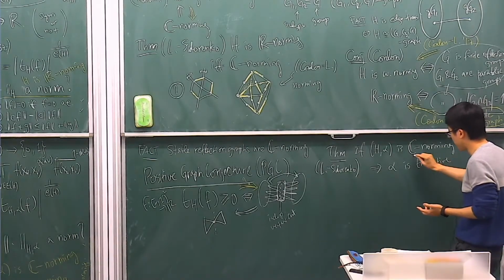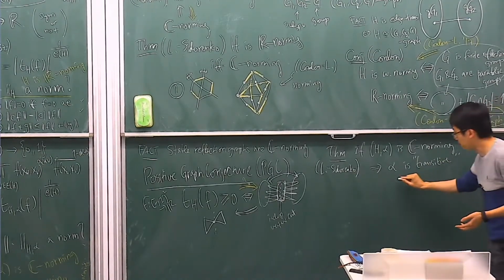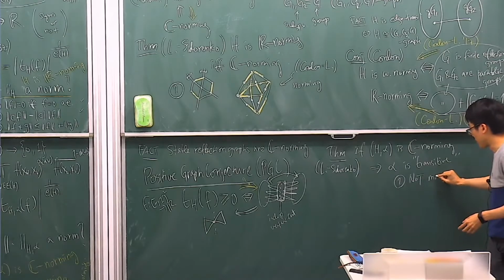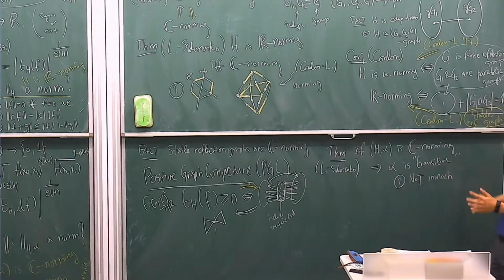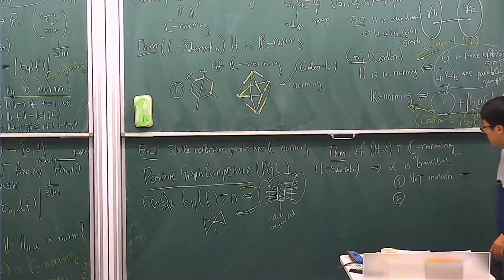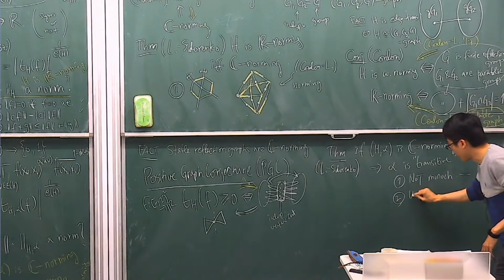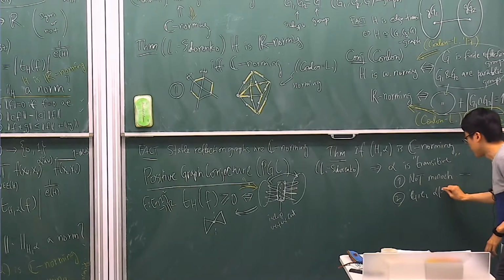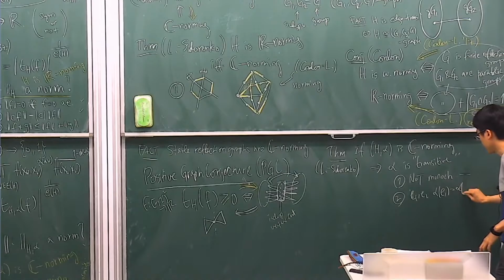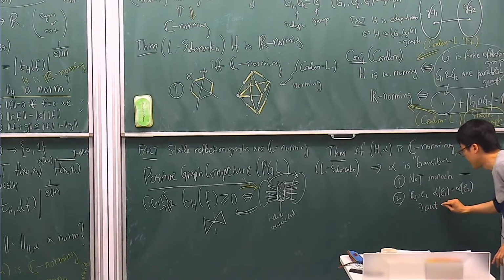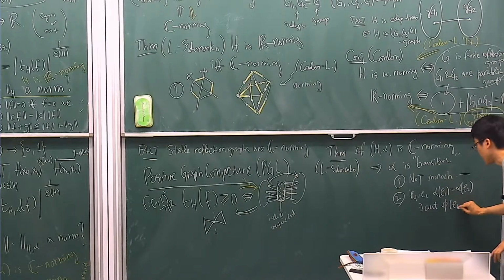By transitive, I mean, firstly, it is not monochromatic, for technical reasons which you will see in a minute. Secondly, if there are two edges, E1 and E2, with the same color, then there exists an automorphism phi that sends E1 to E2.